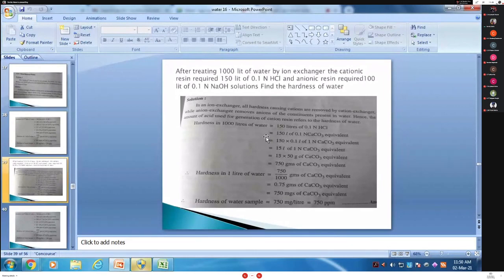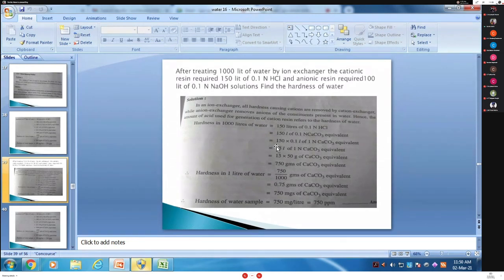Therefore, 150 liters of 0.1 normal CaCO3 equivalent. Therefore, 150 into 0.1 normal CaCO3 equivalent. Third step: are you writing?